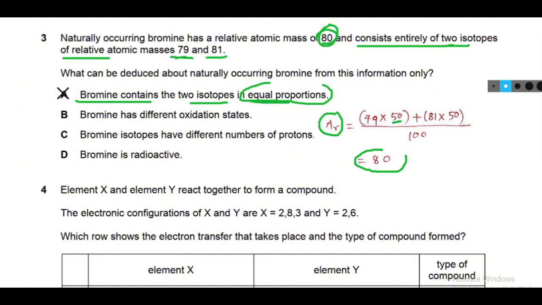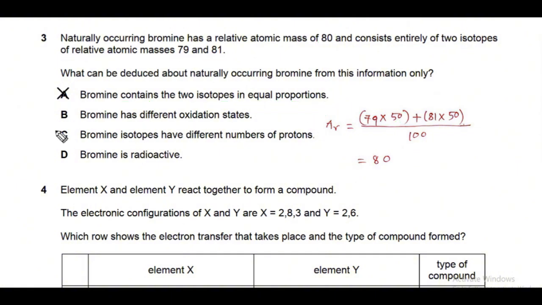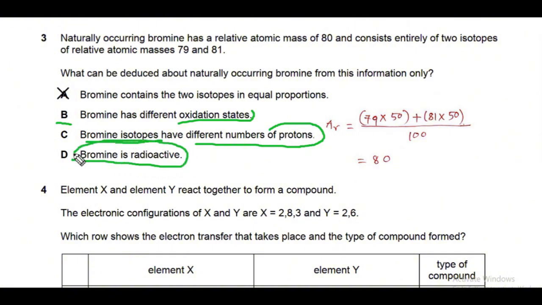So A is the right answer. B is wrong, bromine has different oxidation states. This is wrong. Bromine isotopes have the same number of protons, so this is wrong. Bromine is not radioactive, so D is wrong. A is the right answer.